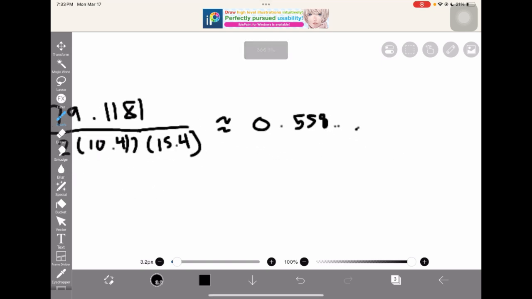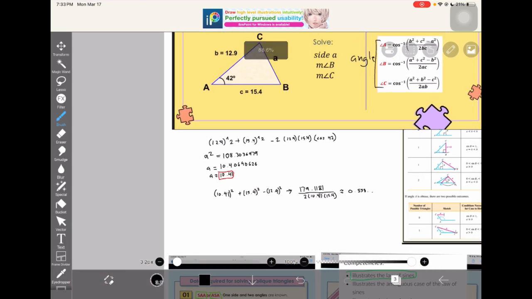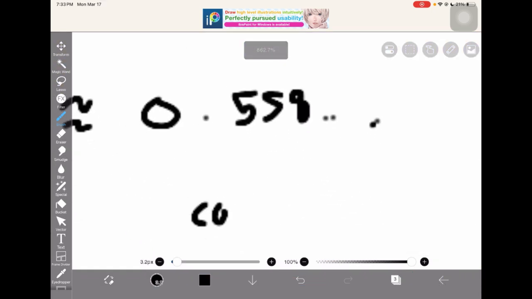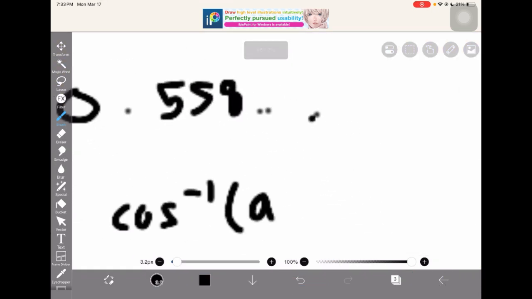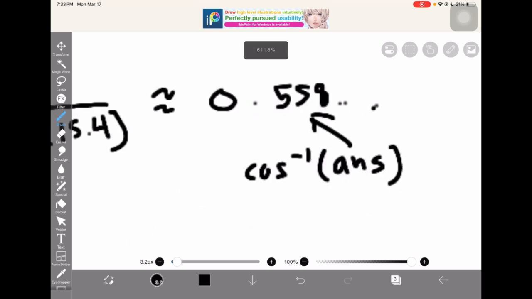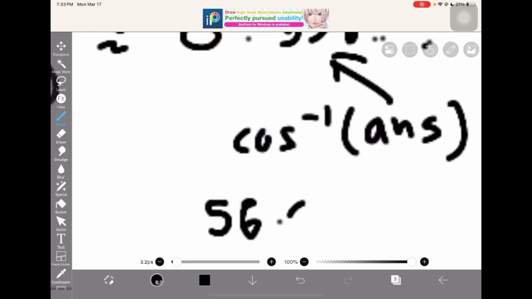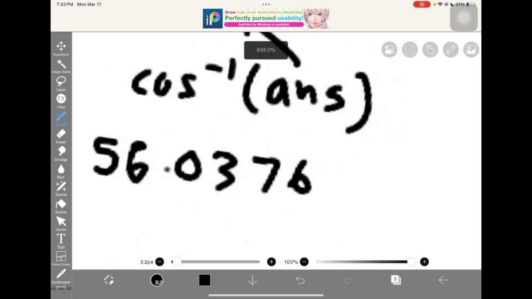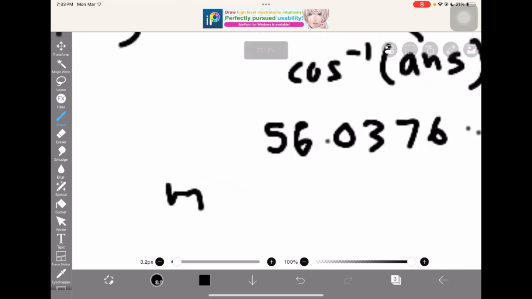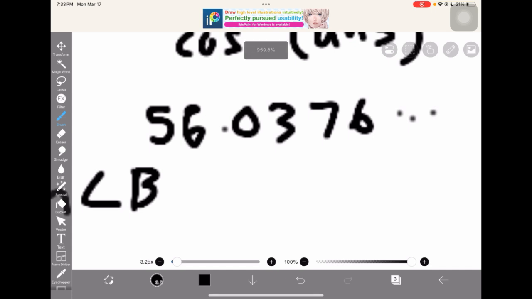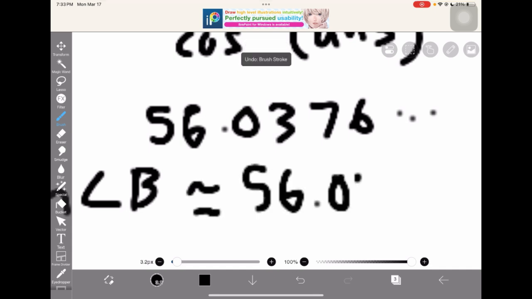And then you just do cosine -1 answer to get the angle. Yeah, it's the angle, my bad. Anyway, that's the angle, so we just do cosine -1 answer, which is this one, and you should get about 56.0376... which is equal to B is approximately 56.04.